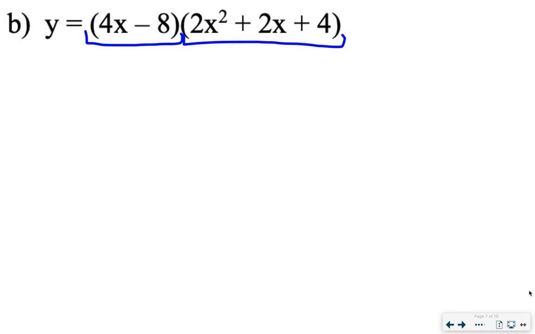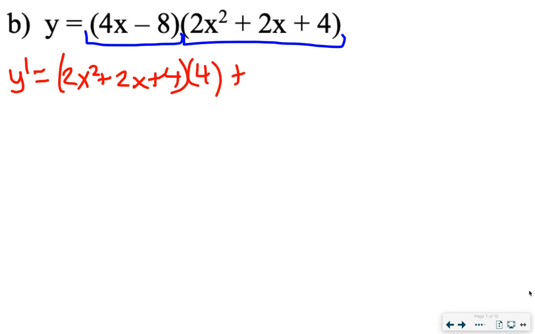So my y prime is my second, 2x squared plus 2x plus 4, times the derivative of the first, plus the first d second. So that gets me to 4x plus 2.